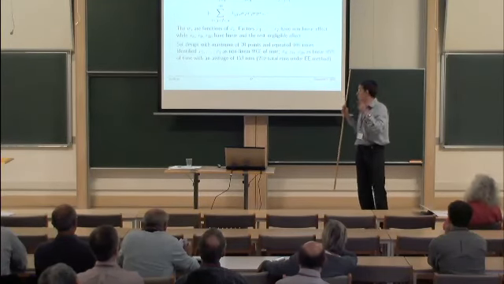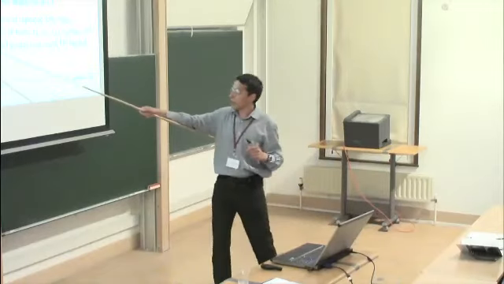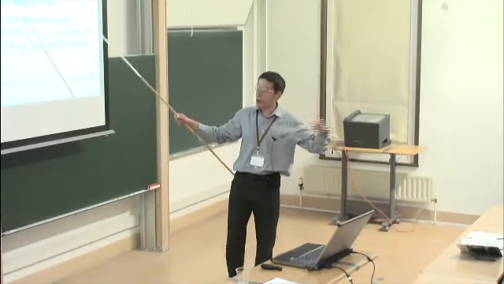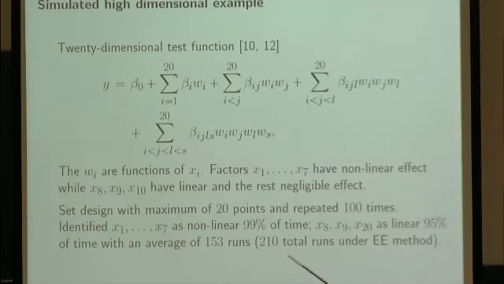and in Pujol's paper. Now, we set a design again with a maximum of 20 points and repeated our procedure 100 times, during which we identified 99% of the time input factors x1 to x7 as having a nonlinear effect. x8 to x20 were identified 95% of the time as having a linear effect.